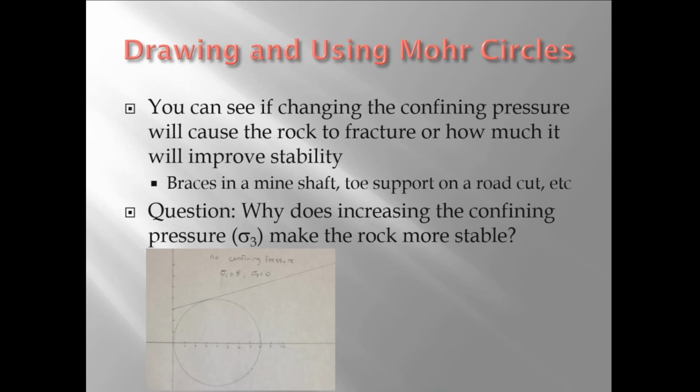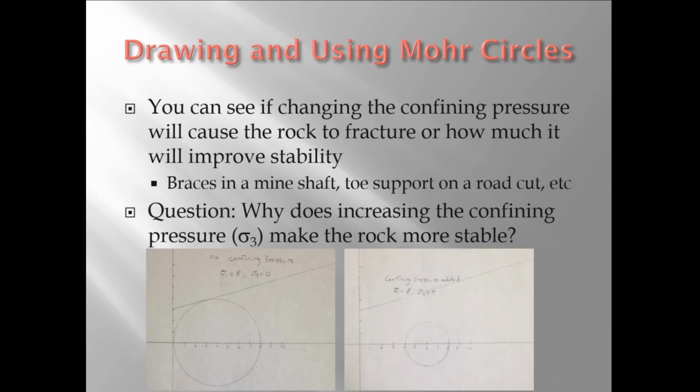If we add some confining pressure, say 4 megapascals of confining pressure, sigma 1 is still the same, 8 megapascals. So we have the exact same sigma 1. The circle is tiny, nowhere near the failure envelope. The rock is completely safe because of that confining pressure that was added.